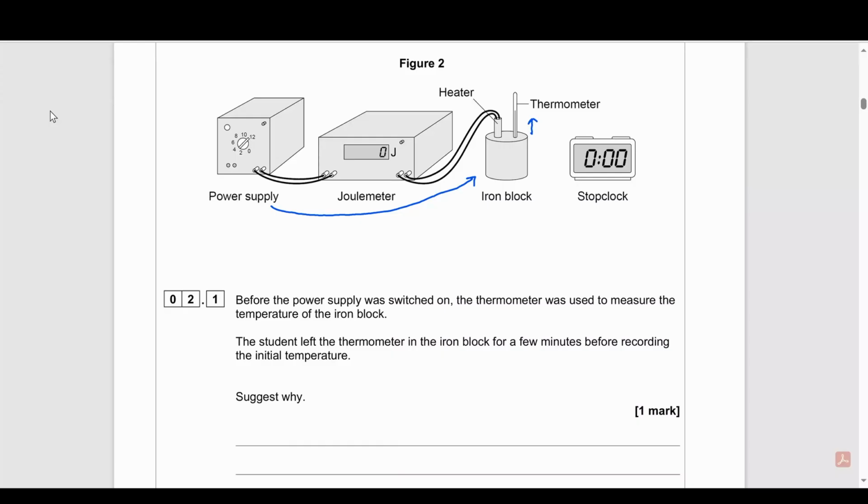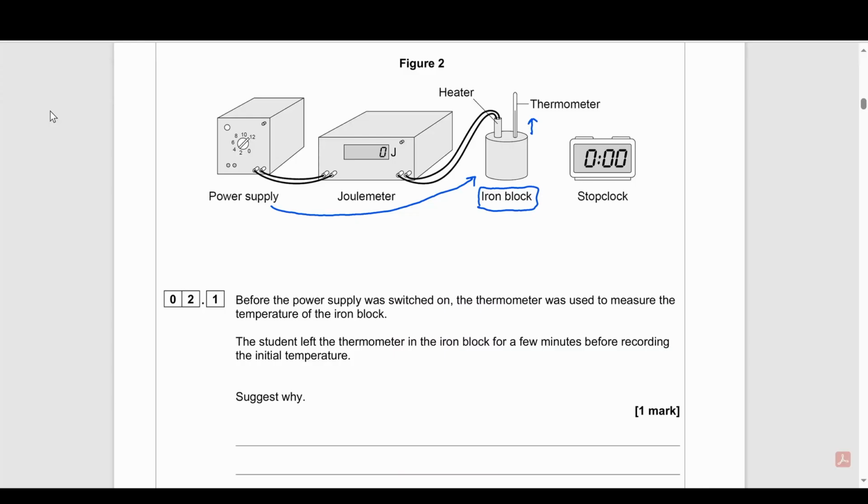Now, when you pick up an iron block, most of the time it will be cold. So that means then that the temperature of the iron block will not be the same as the temperature of the room that you're in. And the reason is because the iron block has a specific heat capacity, a certain amount of energy that's needed to raise 1 kilogram of that substance by 1 degree.